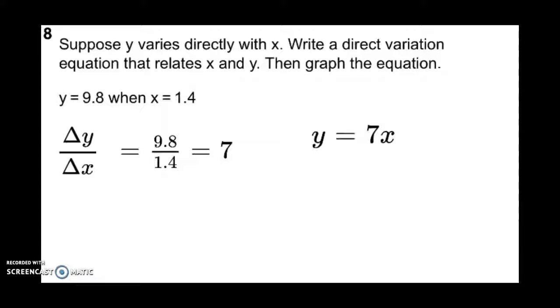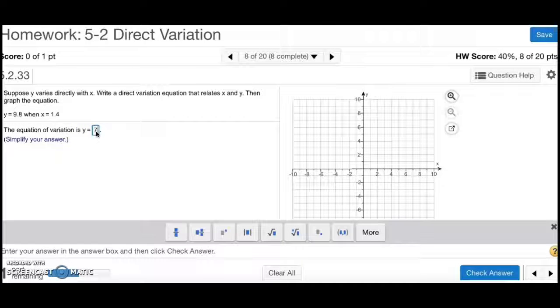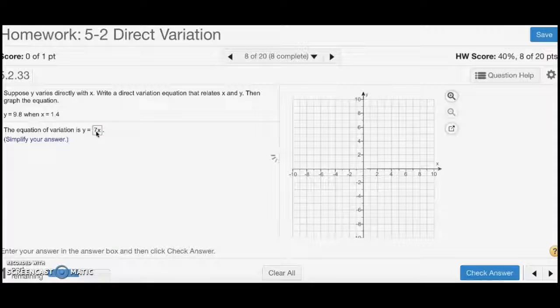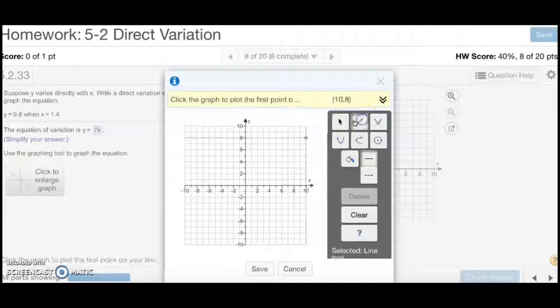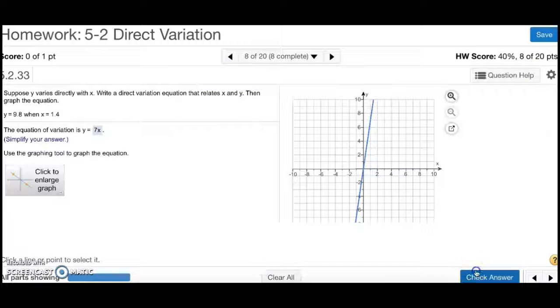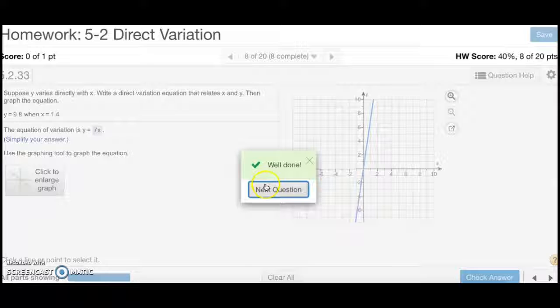So y equals 7x for the direct variation equation. So let's graph that. So we type in 7x. Now we graph it. Start at 0, 0. Substituting 1 in for x, you'll get 7. So 1 up to 7. Press save. Check answer. And that's the answer for number 8.